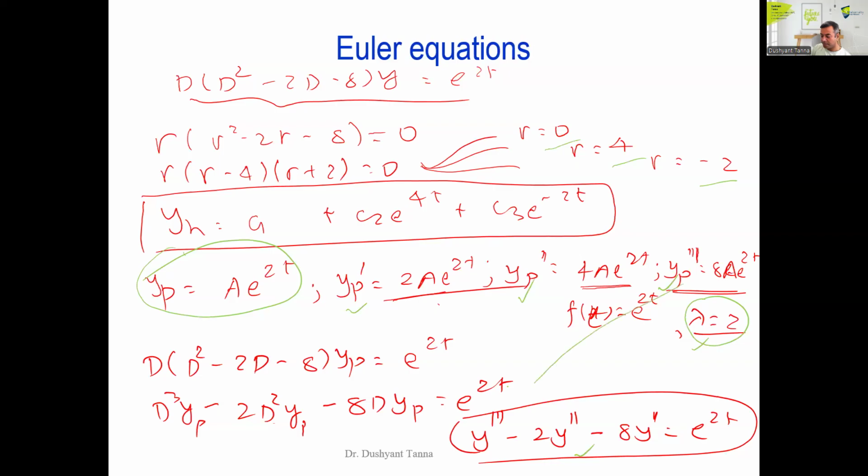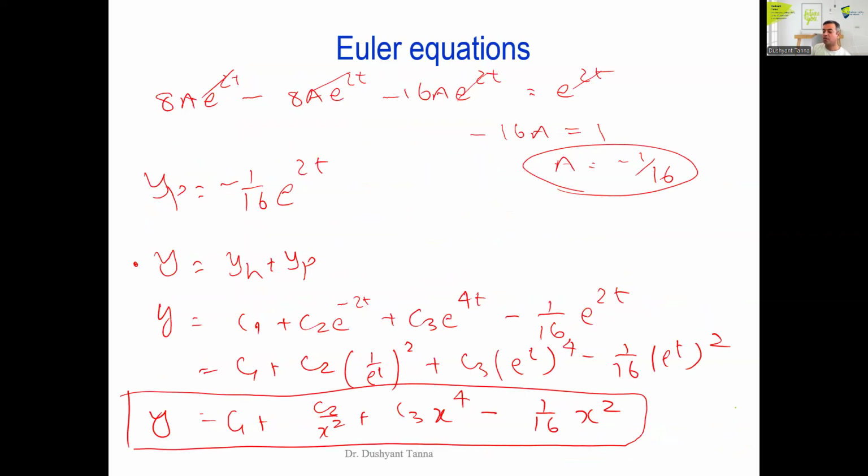It's easy: y triple dash, y double dash, y dash, and right-hand side e raised to 2t. Compare the coefficients, you get your a. Your yp, which is a particular solution, should not have a constant. YH will have some constants. YP, particular solution, should not have any constant. That's why we are doing this process of obtaining it.